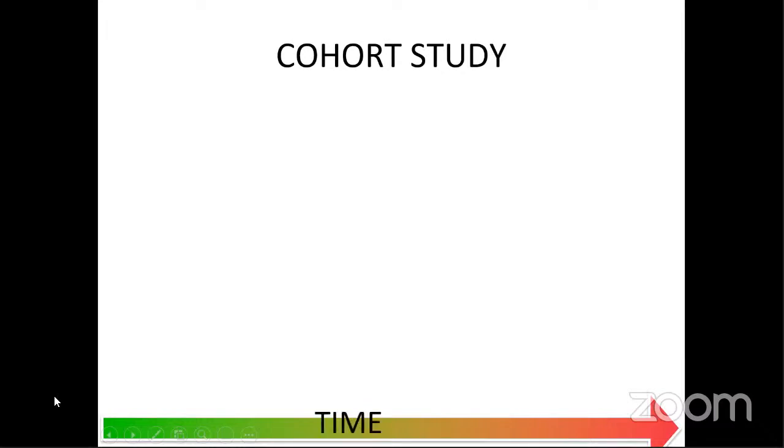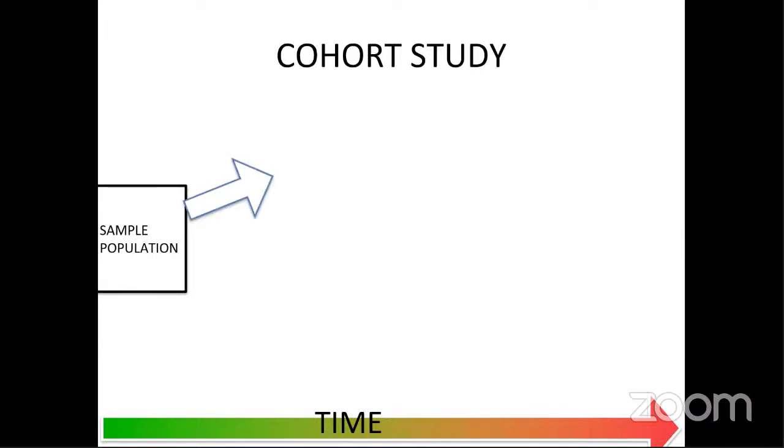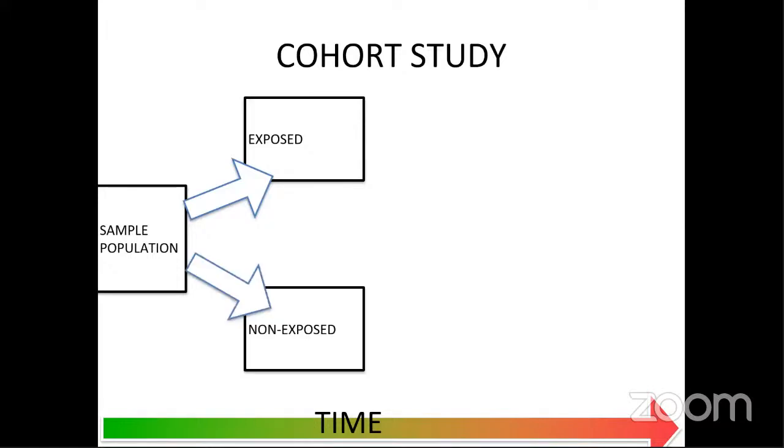So your cohort study, okay, you look at it over time, just like your descriptive study. So there's a sample population that is exposed to a certain exposure, risk factor.